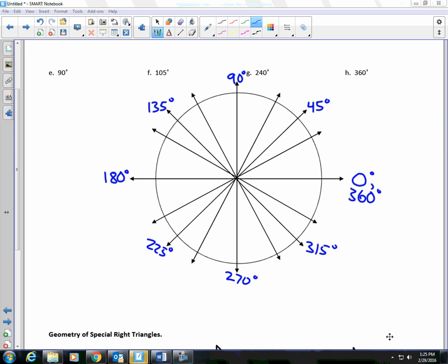Let's divide it up a little bit differently, okay? Let's divide it up into each 90. So divide it in half. Let's divide it into thirds. What's a third of 90? 30.